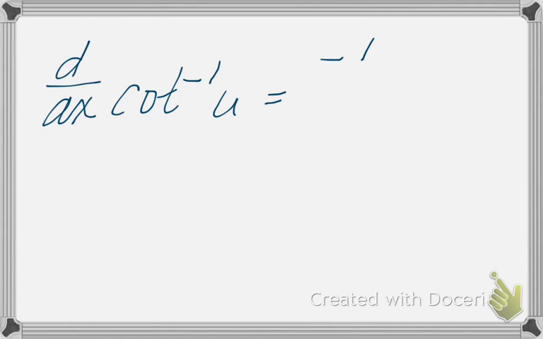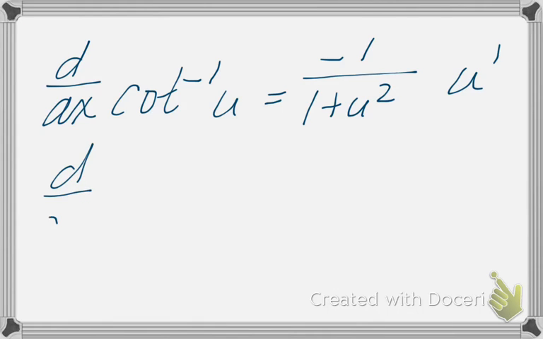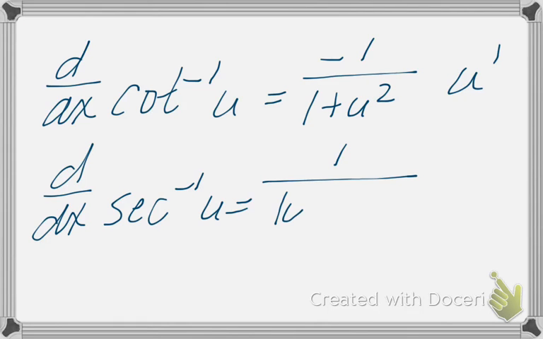For cotan, not very popular at all. It's negative 1 over 1 plus u squared times the derivative of u. For secant, it's 1 over absolute value of u, square root of u squared minus 1, times the derivative of u.